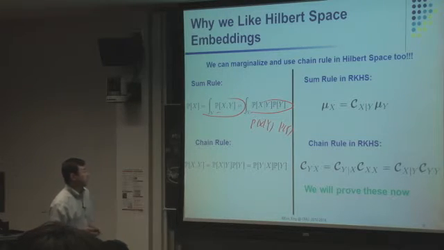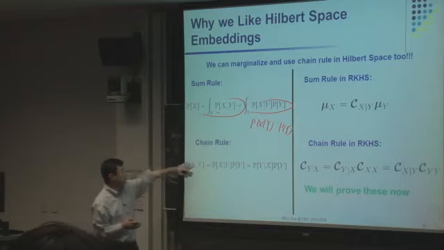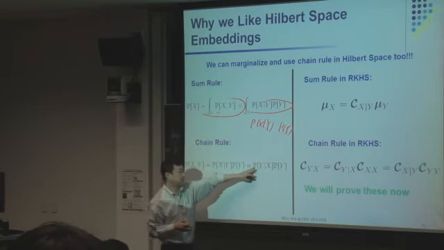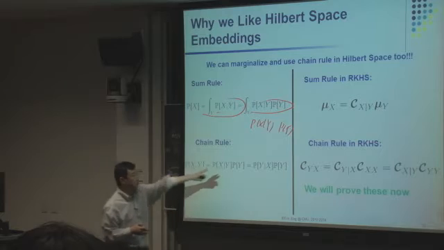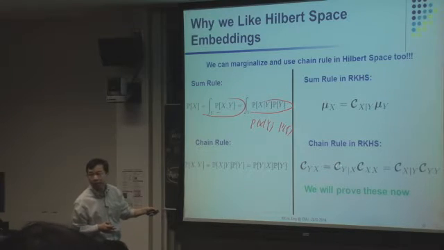And the chain rule is another important rule we must honor in whatever space we want to represent a distribution. So in the original context, we have the chain rule defined as just a product between these two, without summing over the x. But in the Hilbert space, we are now representing this using these compounded operators.